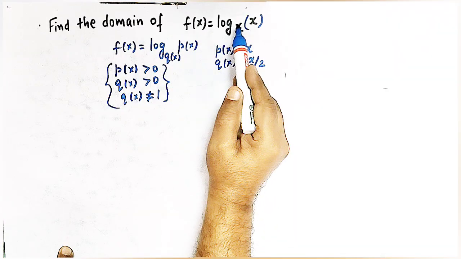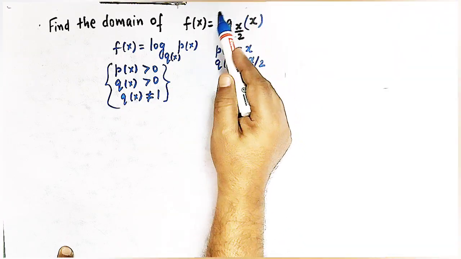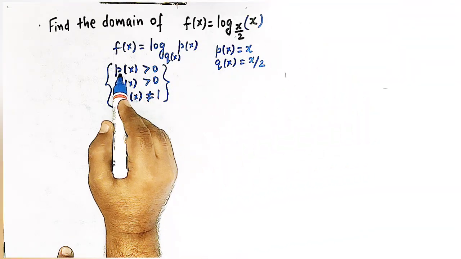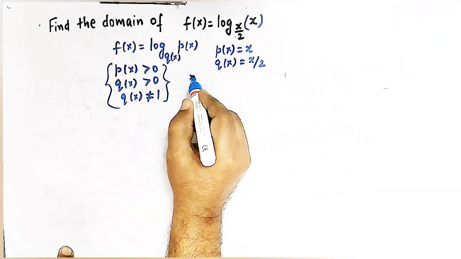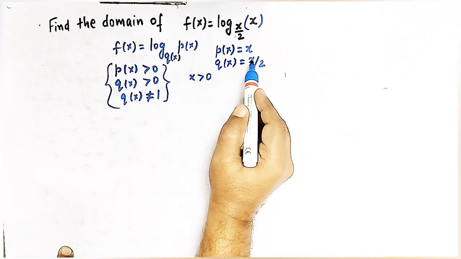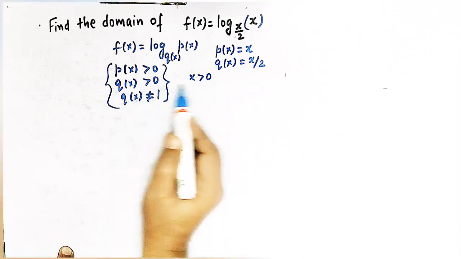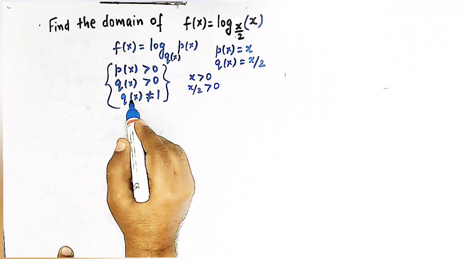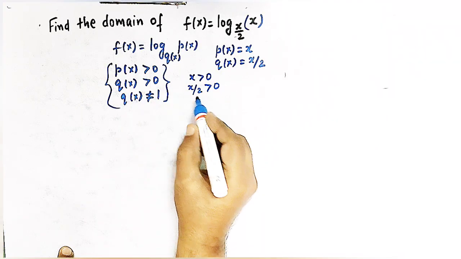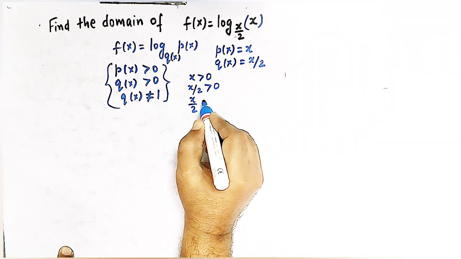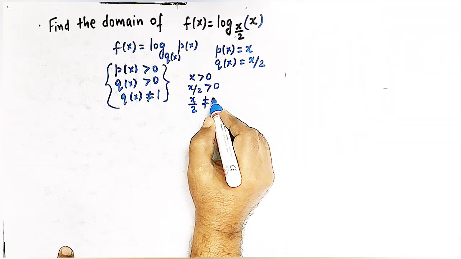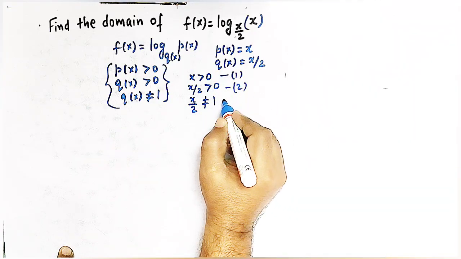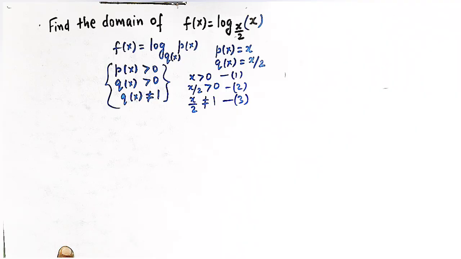For this function to be defined, x should be greater than 0. Then we have q of x greater than 0, so x over 2 is greater than 0, and q of x should not be equal to 1, so x over 2 should not be equal to 1. So here we have these three conditions.